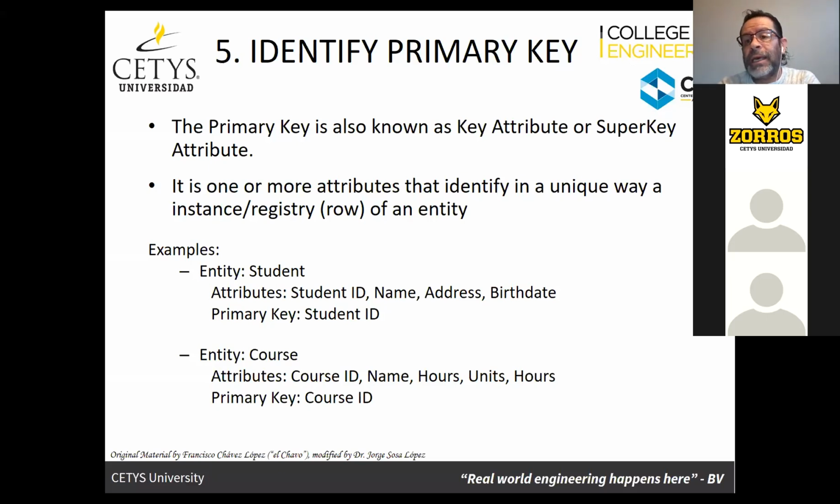Yes, correct, Andrea. There is a real possibility and probability that more than one student has the same birth date, and so that would not help me. So let's say that Andrea, you have your birth date, and let's say that Javier has the same birth date. I'm not going to be able to uniquely identify one from the other if the birth date is the primary key.